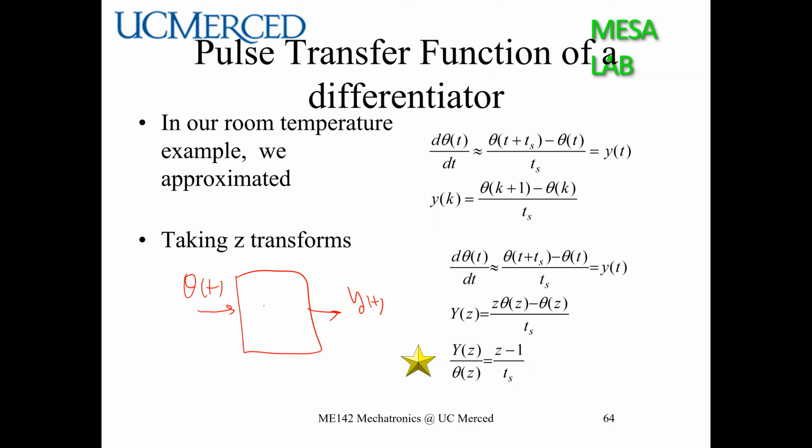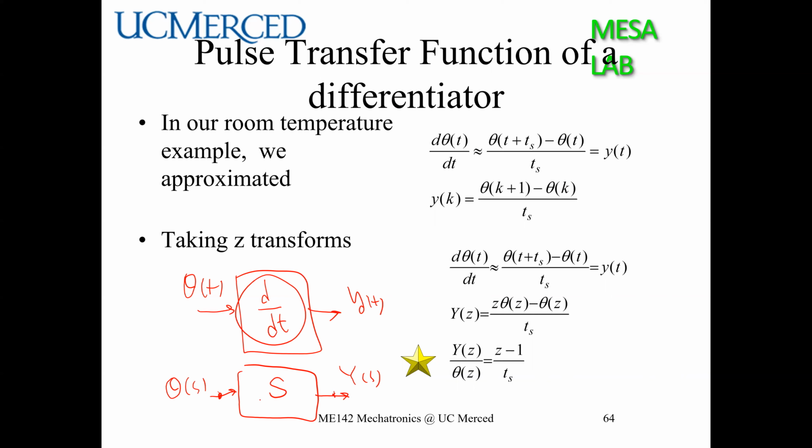But inside here, what operation I did is a d/dt operation. So this is called a differentiator. So we know that the differentiator is something like, if I put in theta s, then I get a y of s. So I want this y of s to be a differentiation of this signal. What do you put here?